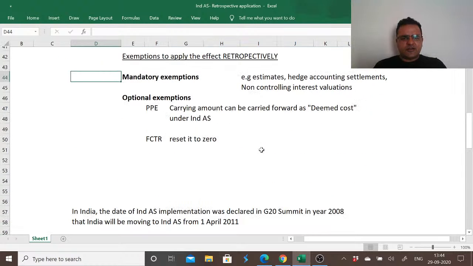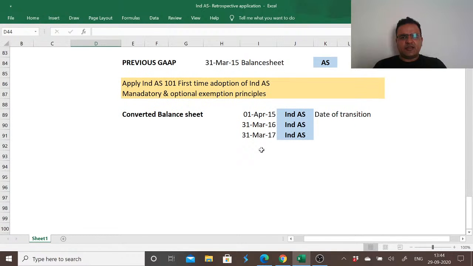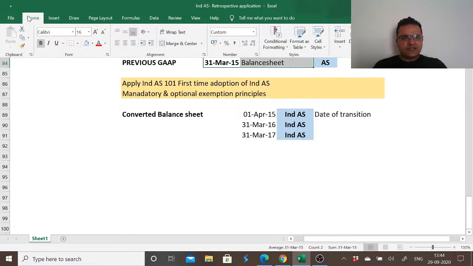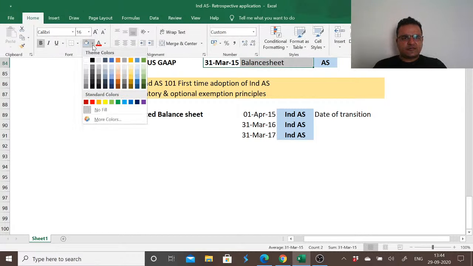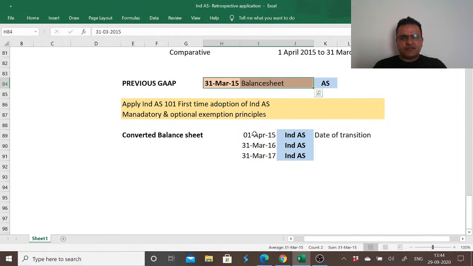So my example has been revolving around mandatory application phase 1, that we pick up the balance sheet of 31st March 15, which is based on AS. We apply the change, convert it, and the converted balance sheet of 1st April 15 is the converted balance sheet.